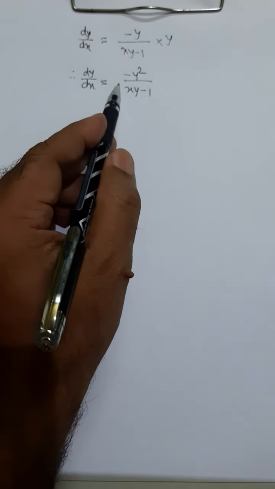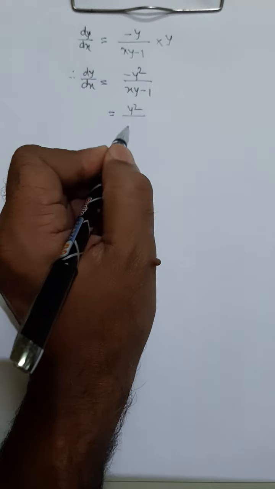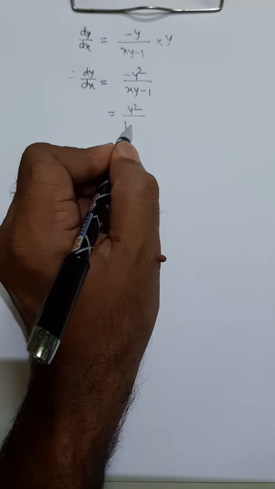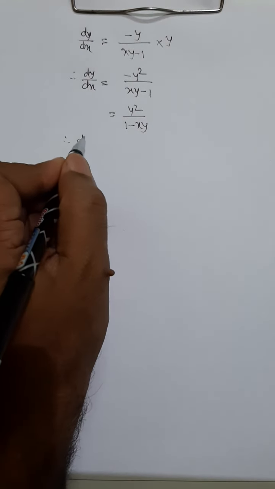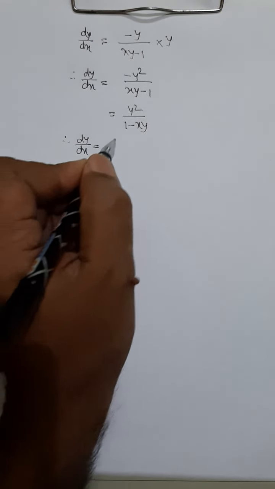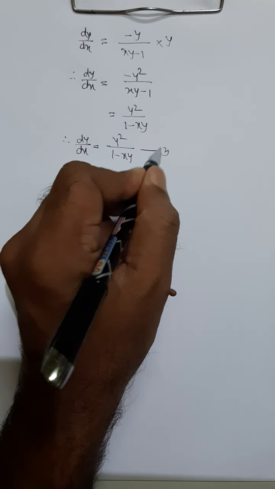Then take the minus sign into the denominator, multiply to the denominator, so we get here y square, and minus 1 becomes plus 1 and plus xy becomes minus xy, and thus we get dy by dx is equal to y square divided by 1 minus xy, equation 2.